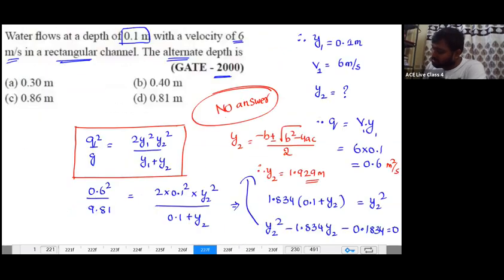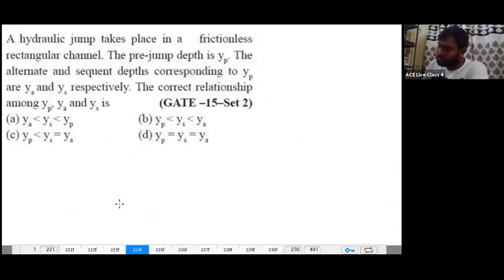Okay, fine. Now let's see this question. A hydraulic jump takes place in a frictionless rectangular channel. The pre-jump depth is YP, and the alternate and sequent depths corresponding to YP are YA and YS.